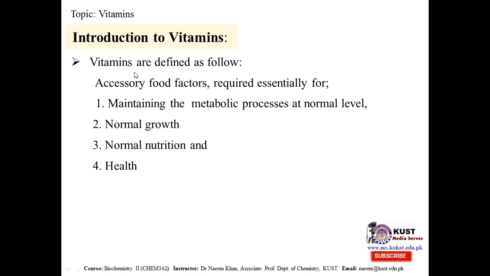So what are vitamins? Vitamins are accessory food factors which are required along with the carbohydrates, lipids, proteins, enzymes. They are required for maintaining the metabolic process at normal level, for the normal growth rate, for normal nutrition and good health.